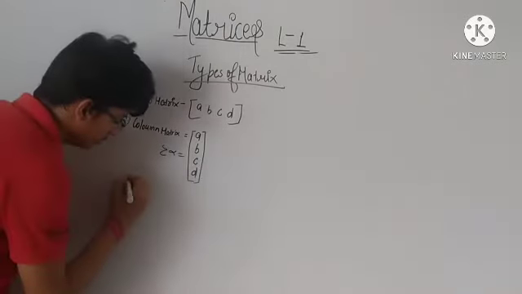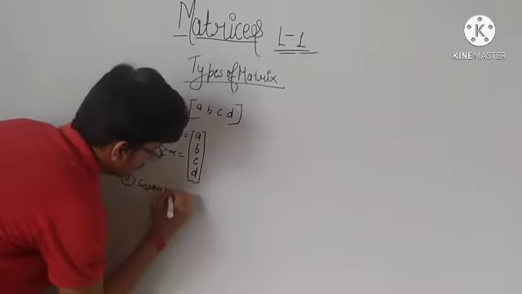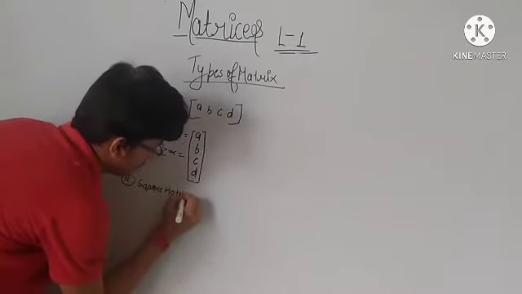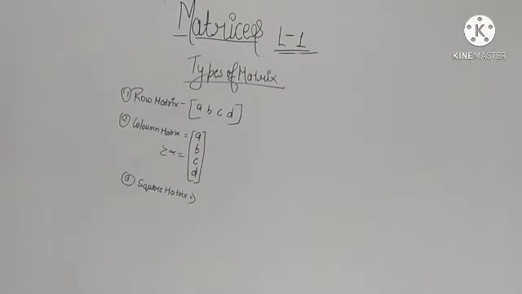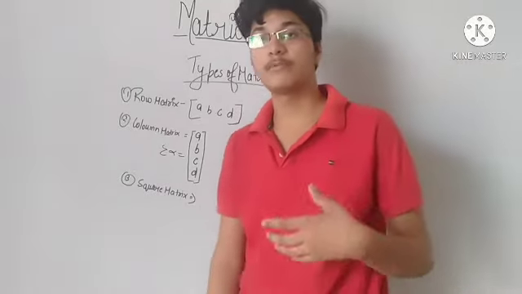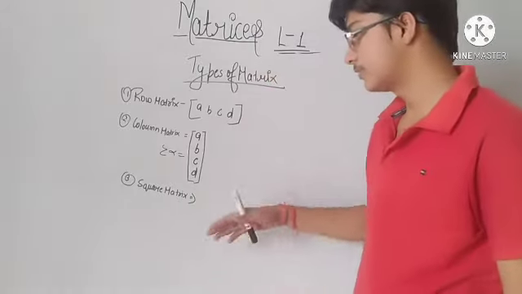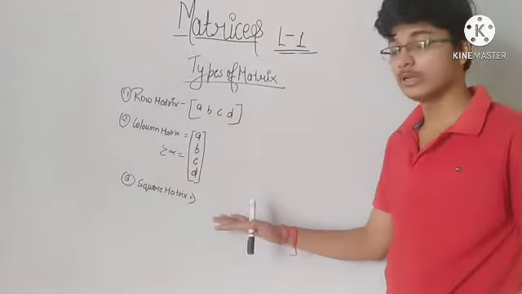Then third is the square matrix. What is a square matrix? A square matrix is a matrix in which the number of rows and the number of columns are equal.